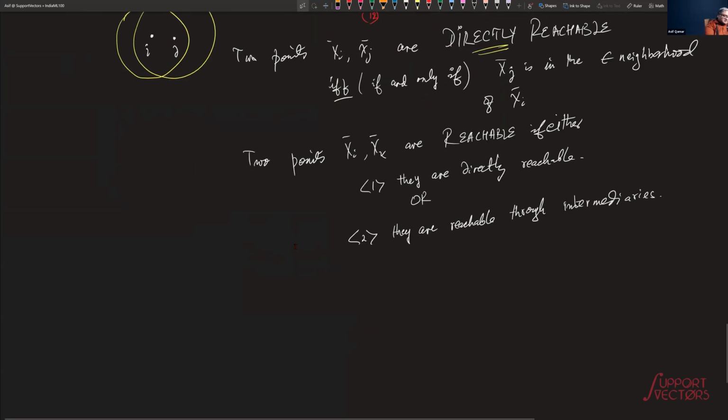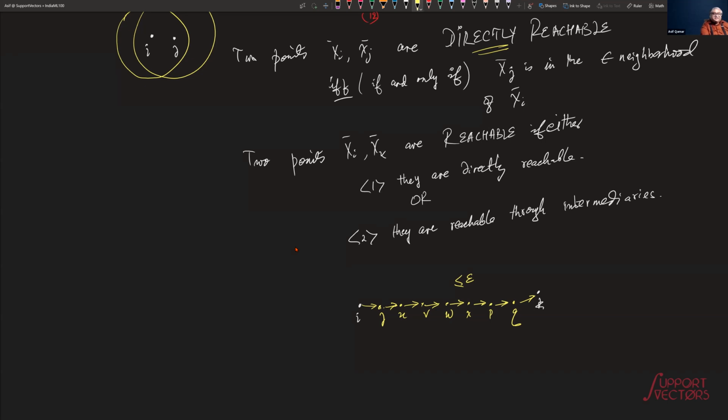So what are intermediaries? Suppose I have a point i and you have a point k. Now these two are still reachable so long as there are points like j, u, v, w, x, p, q. Each of these distances, if it is less than or equal to epsilon, means that j is directly reachable from i, u is directly reachable from j, and this long chain continues.